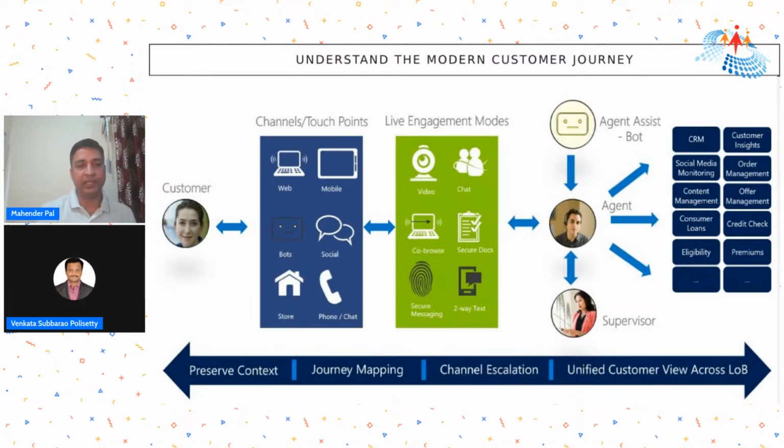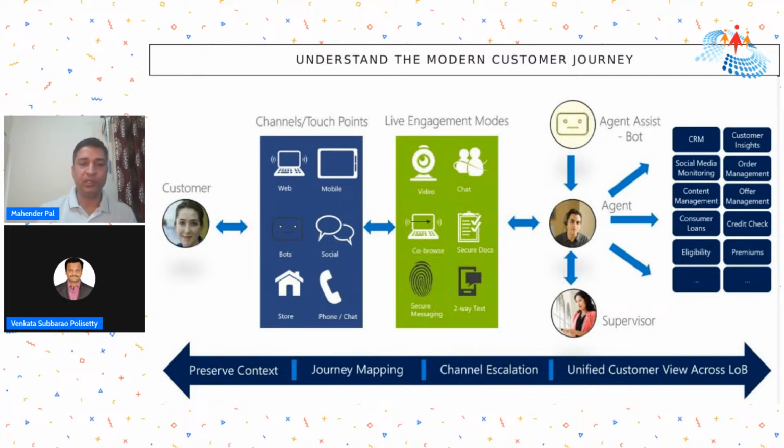As I said, they can use a portal, they can reach out through mobile, they can use bots, they can come to the store, they can call us, or they can use social media, maybe Twitter or Facebook support. From there they can provide information about their issue, and then the same thing starts again. We get that data from there.